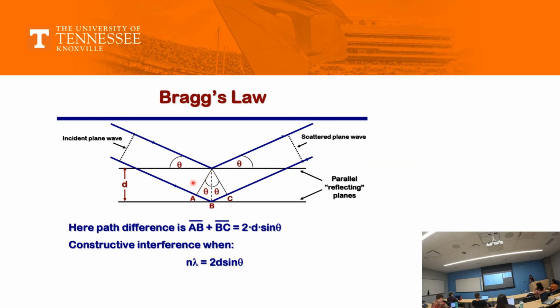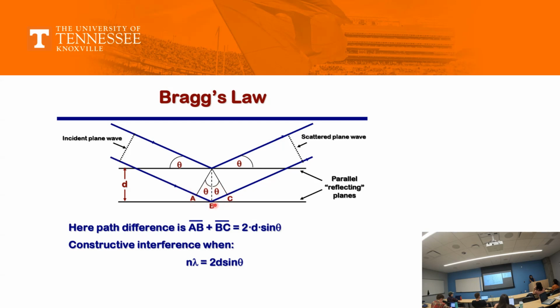Your planes have now done the diffraction. By the geometry, AB plus BC is the extra distance traveled by your second ray of light, and this is the path difference.